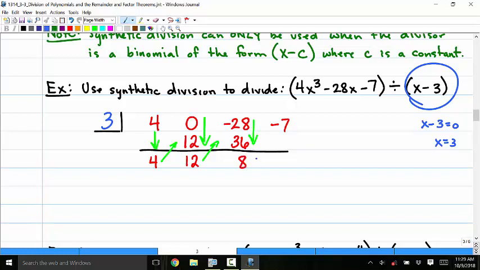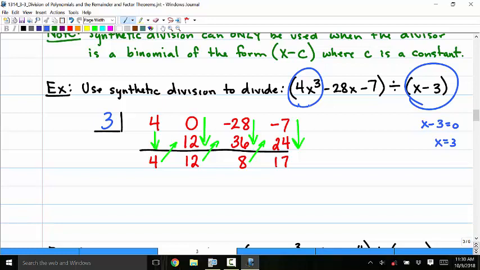How do you go back up? You multiply by the half box. 8 times 3 is 24. And now add, what is negative 7 plus 24? 17. Okay, your original problem was a 4x cubed. Do you agree?